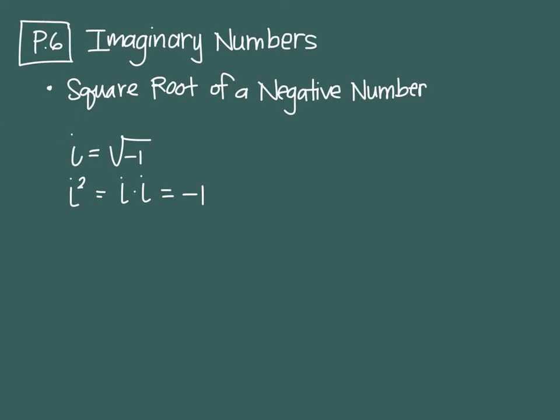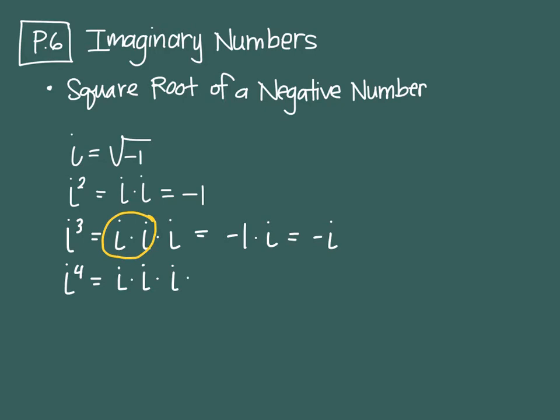So that means if you have i cubed, that means you have i times i times i. Every two i's is worth -1. So these two i's are worth -1, which means you're really -1 times the leftover i, which is -i. i to the fourth, well, that's going to be i times i times i times i.